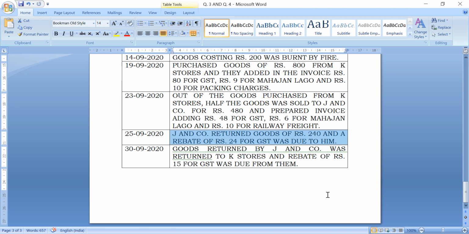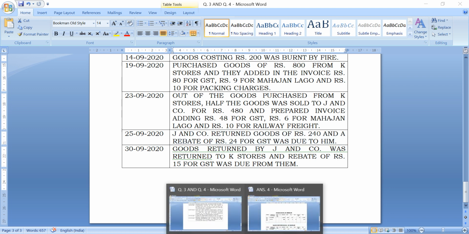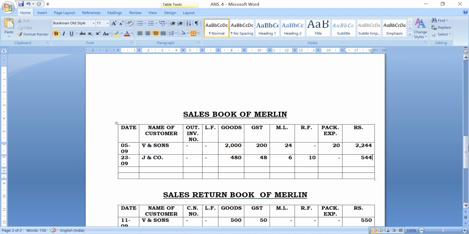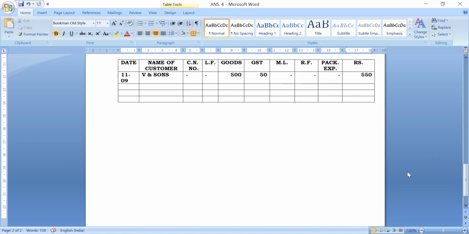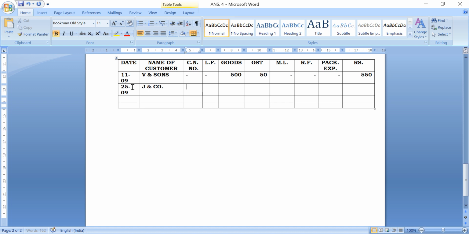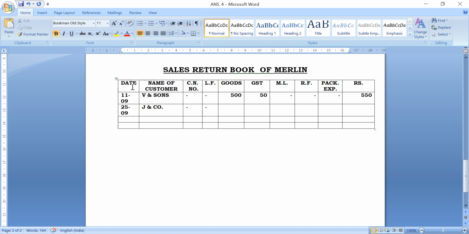We just sold to J and Company and now it is returning. So that will become our sales return. Go to sales return book, date 25th of September, J and Company. Yes, it is there on sales return book.